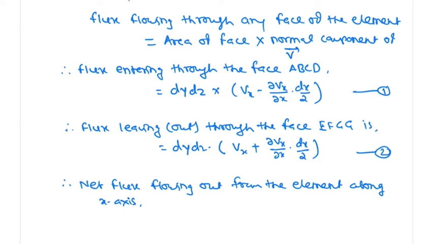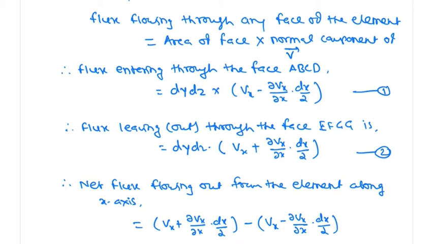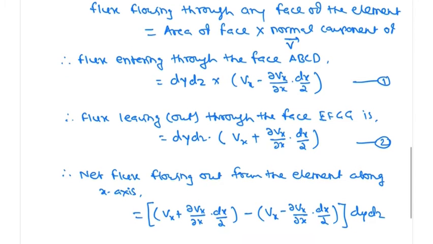We take the common dy dz and simplify the two brackets: first bracket, Vx plus ∂Vx/∂x into dx/2, minus another bracket, Vx minus ∂Vx/∂x into dx/2. We take the common dy dz.